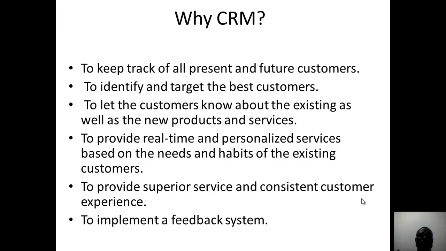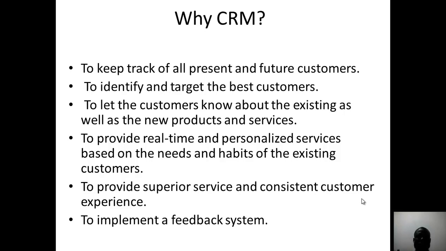Now, why customer relationship management? It enables you to keep track of all present and future customers, to identify and target best customers, and to let the customer know about the existing as well as the new products and services. It provides real-time and personalized services based on needs and habits of the existing customers, just like I was explaining to you.